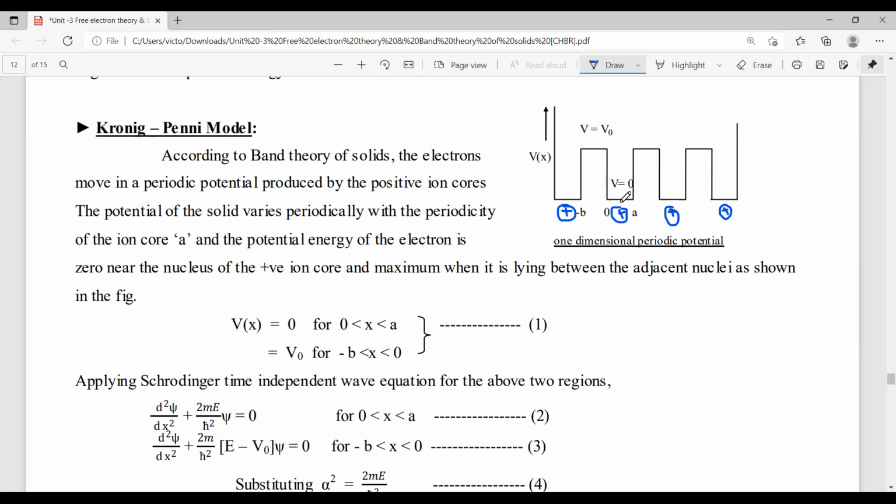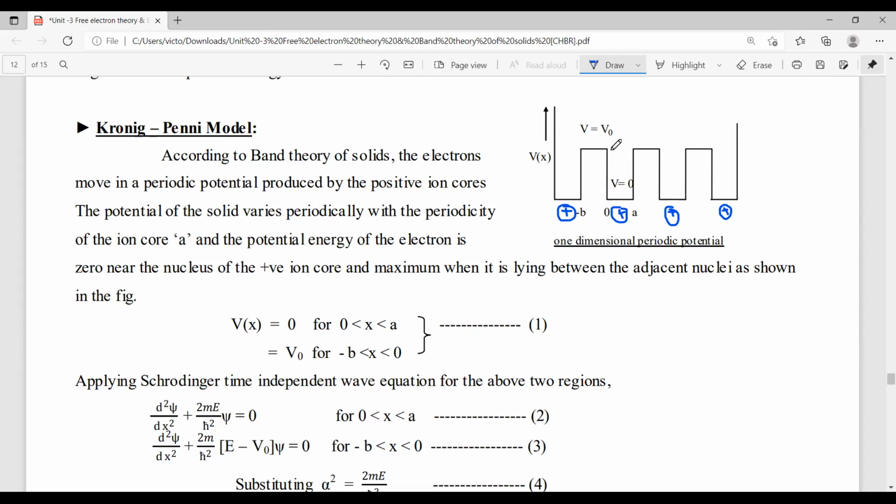So let us consider this as a square waveform. At the positive ion core, this acts as a potential well.